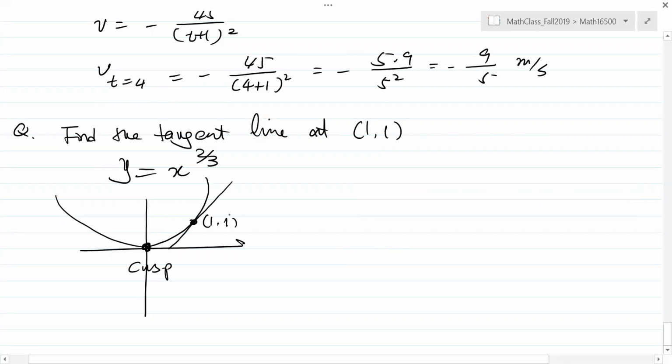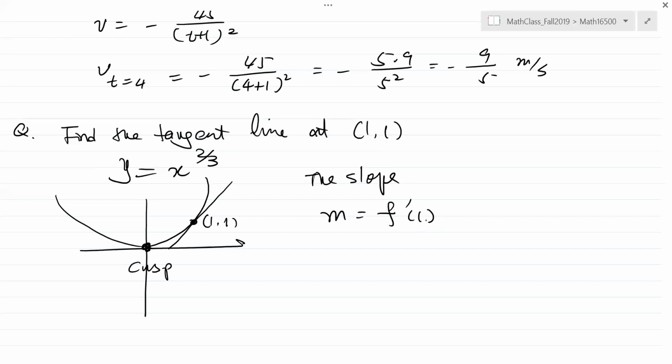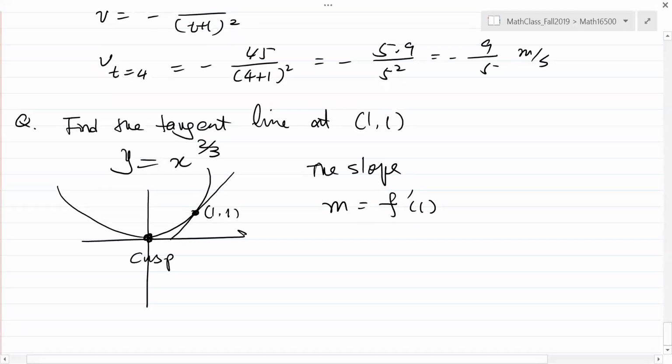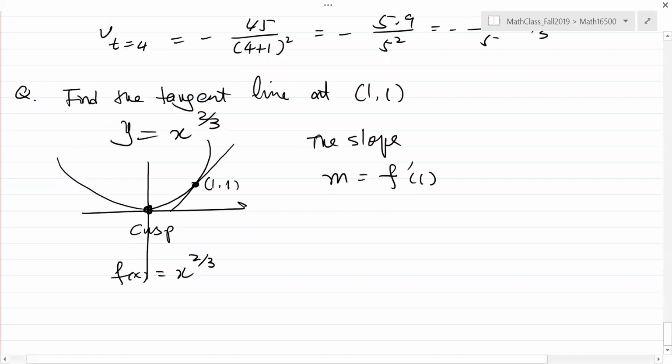So let's look at this. You have to say that the slope m should be equal to the derivative of the function at 1. That's a statement; you clearly know how to do it. So that's the slope. The function is x to the 2/3.